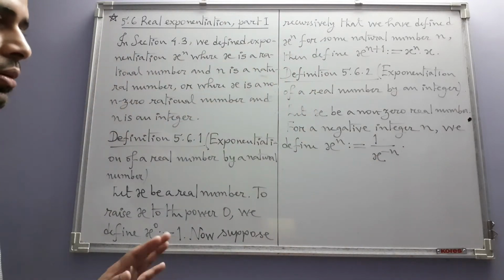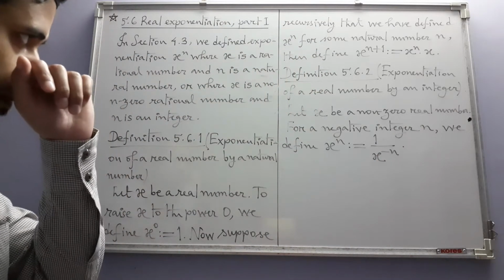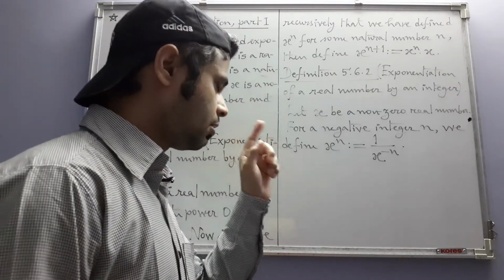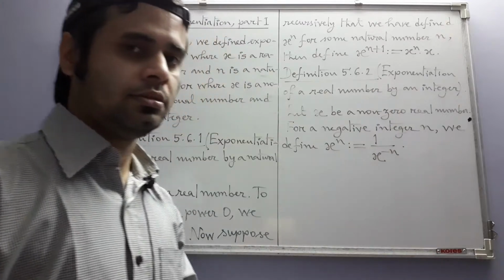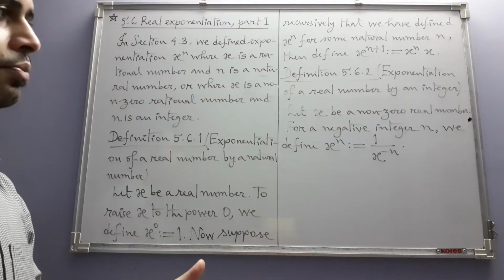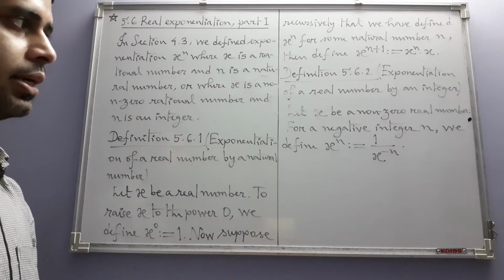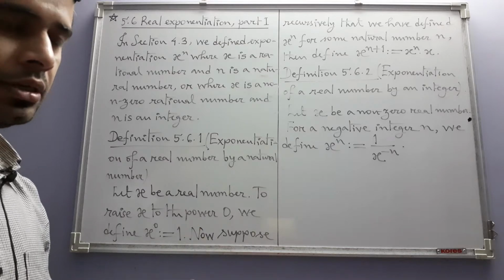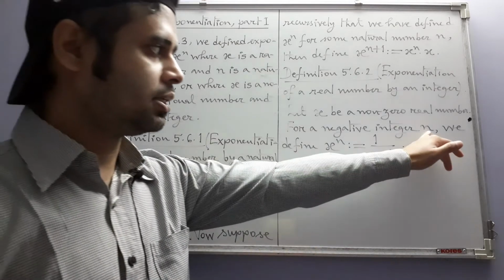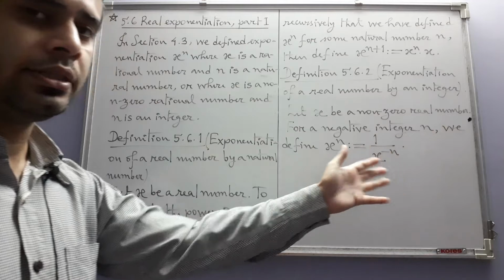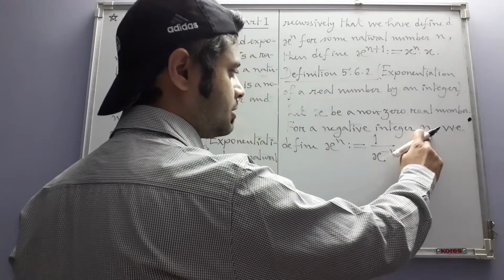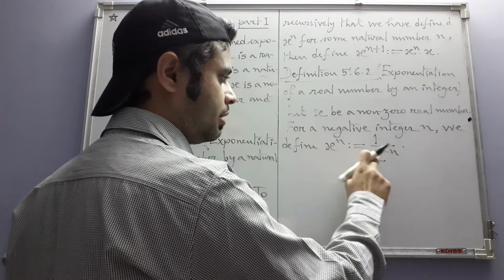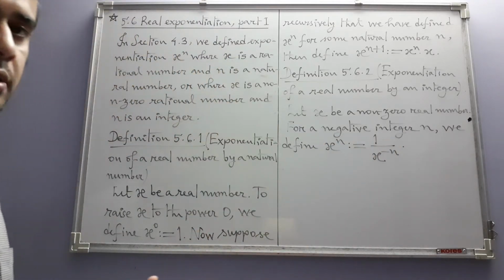Now there are a few things to be said here about this definition. The one thing is that the author uses minus n. For him, minus n is a negative integer, meaning n is a positive integer. We are, however, using n, but clearly there is no difference, because for him he writes minus n here, and in place of minus n he writes n.